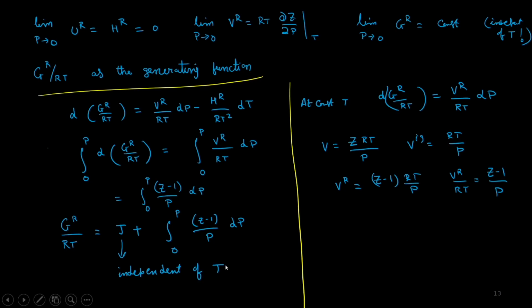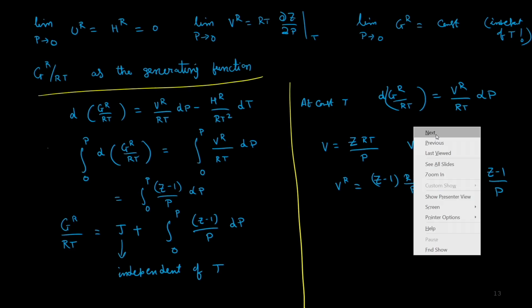So this constant J is independent of temperature, and G^R by RT is J plus the integral from 0 to P of (Z minus 1) by P dP. So I have how G^R by RT changes with both temperature and pressure. So I can take this information, take the derivative with respect to temperature, get enthalpy, etc., because I'm going to use it as the generating function.